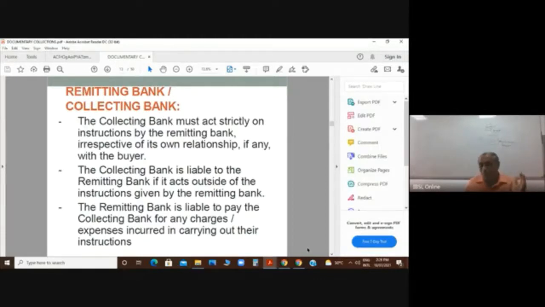You have to do whatever you have been asked to do. The collecting bank is liable to the remitting bank if it acts outside of the instructions given by the remitting bank. The remitting bank is liable to pay the collecting bank for any charges and expenses incurred in carrying out their instructions.